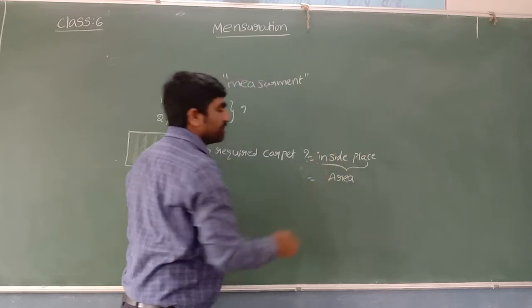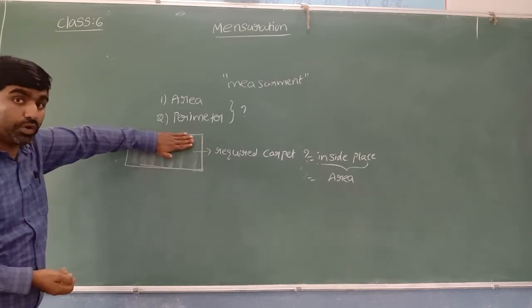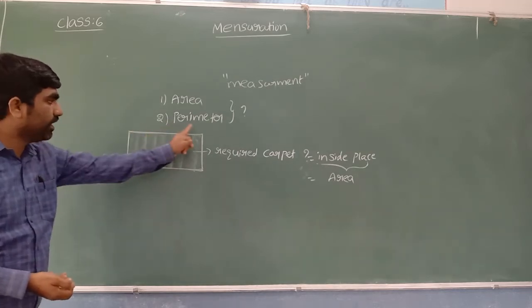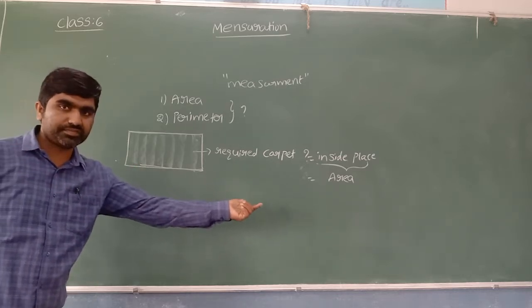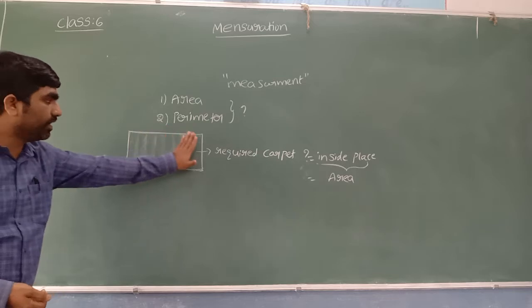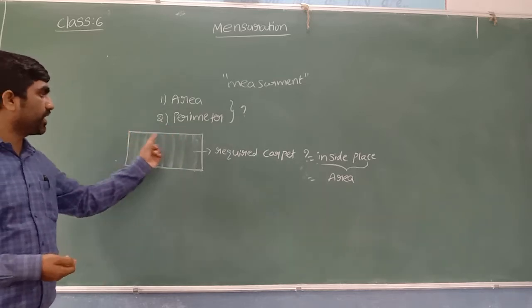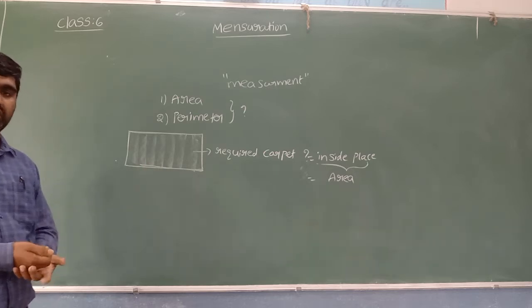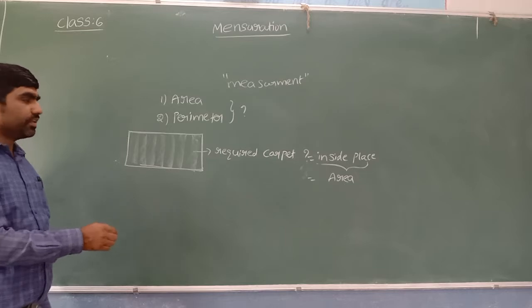It is called area. What is meant by area? The region or the place enclosed by a plane figure is called area. So if you know the area, then we can purchase that much carpet and cover the floor with carpet.